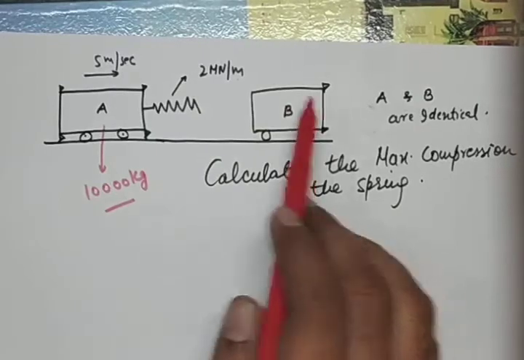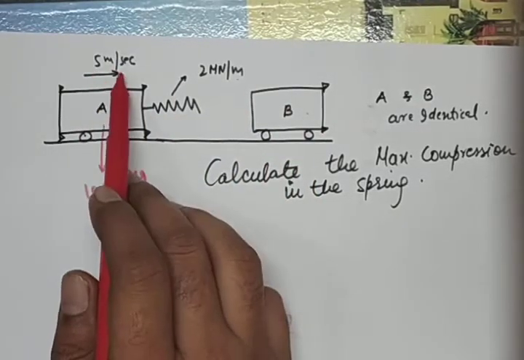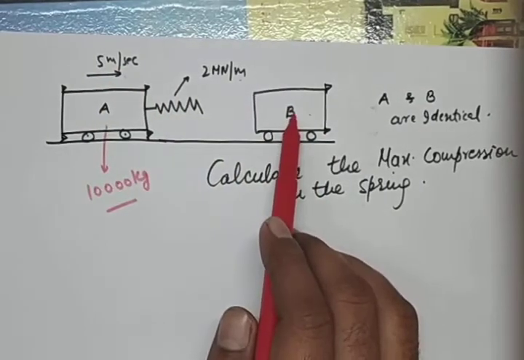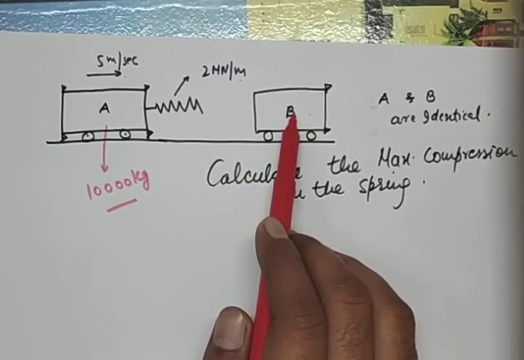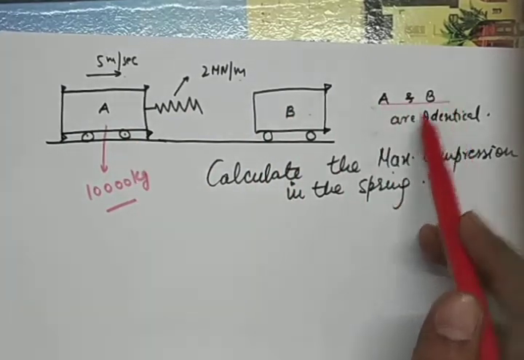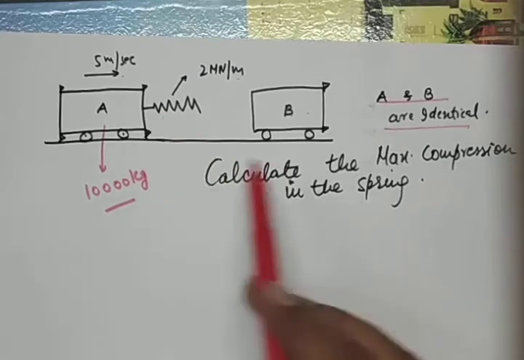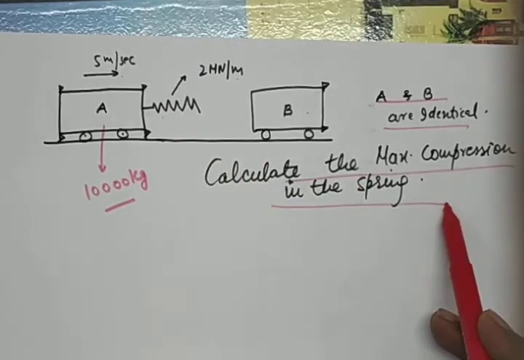An identical wagon is given, and wagon A is moving with velocity v. B is at rest. After collision, definitely both the wagons will move. A and B are identical. Find the maximum compression of the spring.